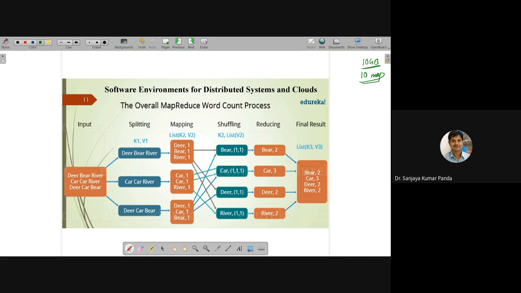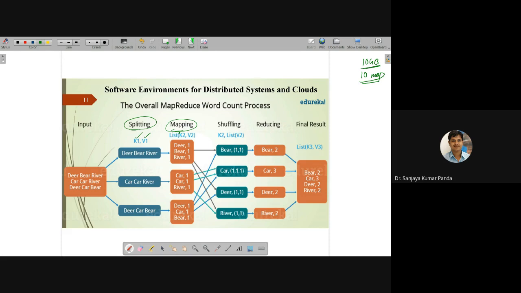Now, once the process of splitting is done, that is given as input to the mapping function. I already mentioned mapping function is going to produce a key value pair. So this K indicates your key, V indicates your value. So it is counting occurrences of each and every word.